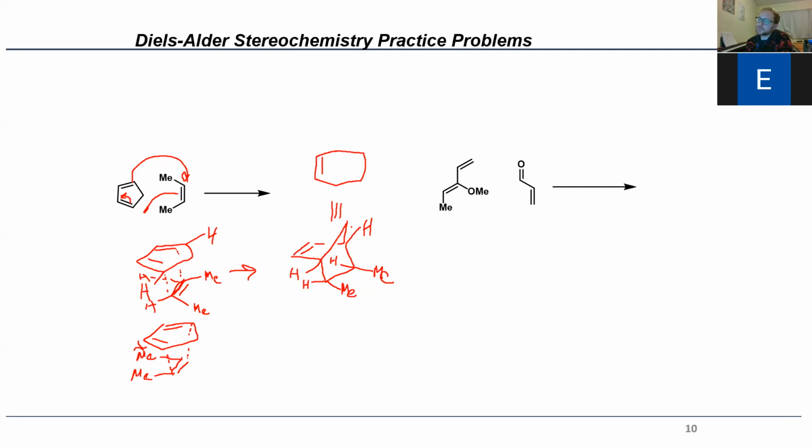So the bridge and the methyl groups are on the same side. The hydrogens are on the same side as each other. And so I can take that information and convert it to a 2D representation. Okay, so that's like that. Back. Back.